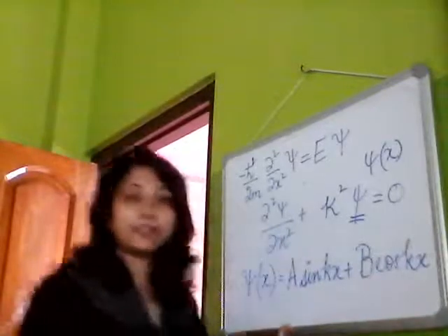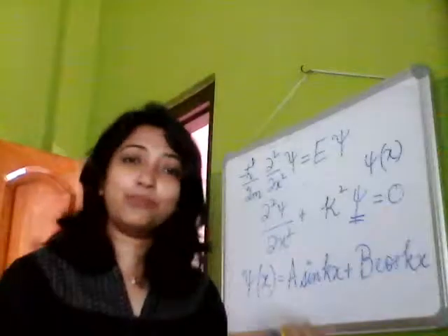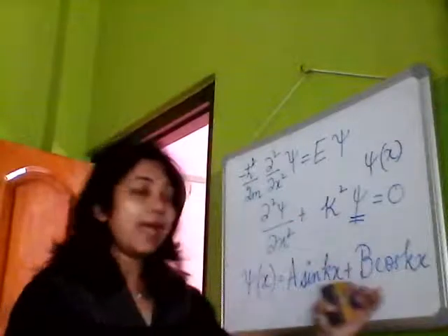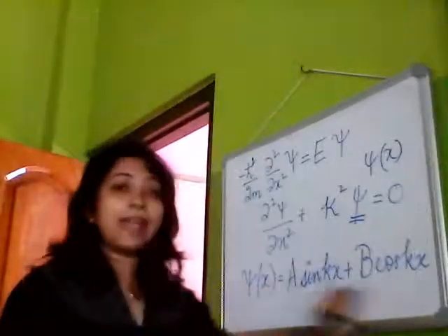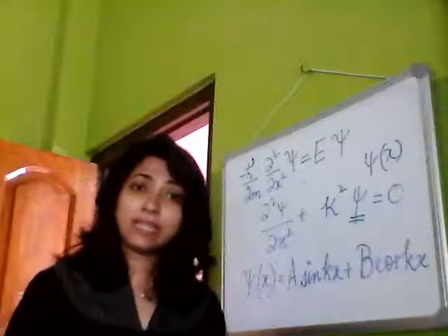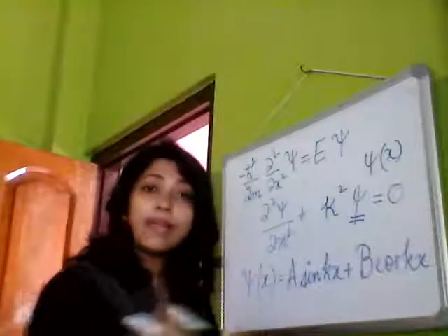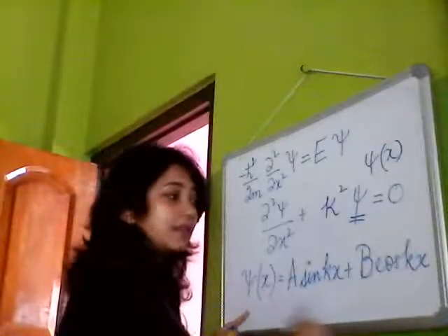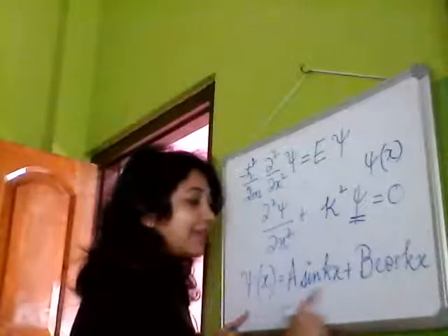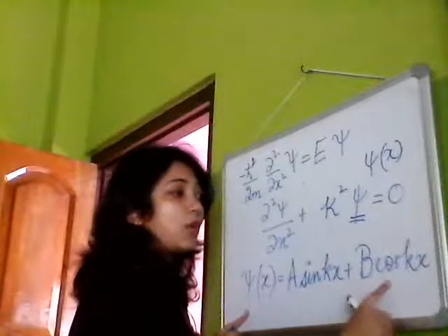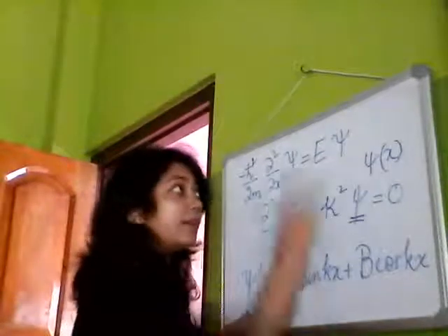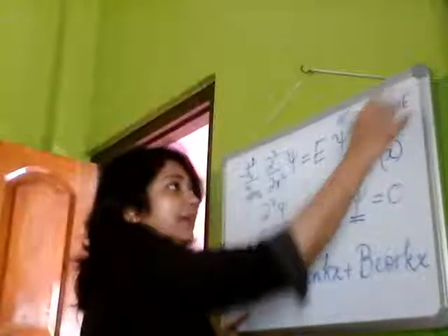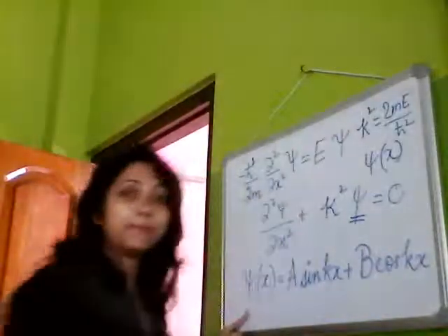You are all much better than me in mathematics, so I hope you will agree when I write the general solution of this equation as a combination of sine and cos. So at this point, I have received the wave function's form as A sine kx plus B cos kx, where k square is 2mE by h cut square.